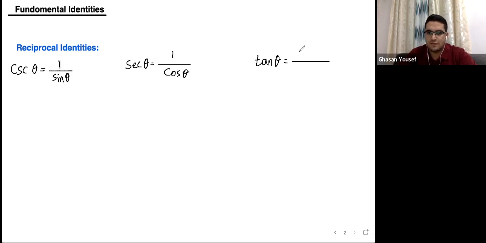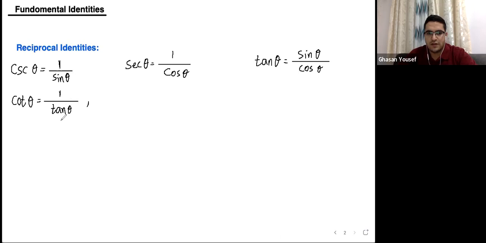Tan theta equals sine theta over cosine theta. And the last one is the cotangent. Cotan theta is the reciprocal of the tan, 1 over tan theta.